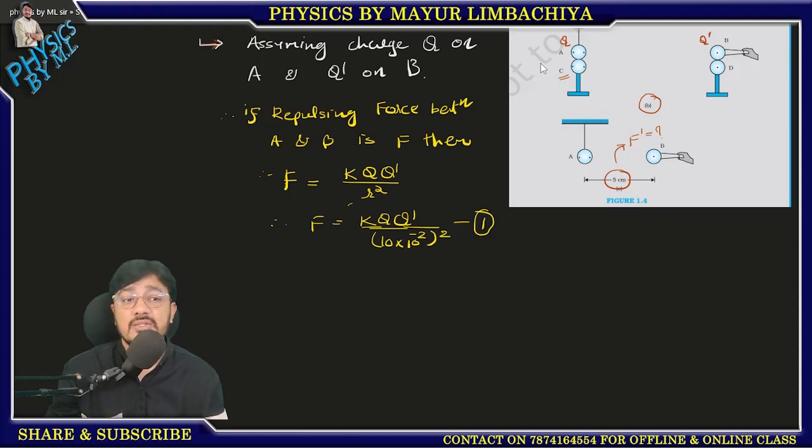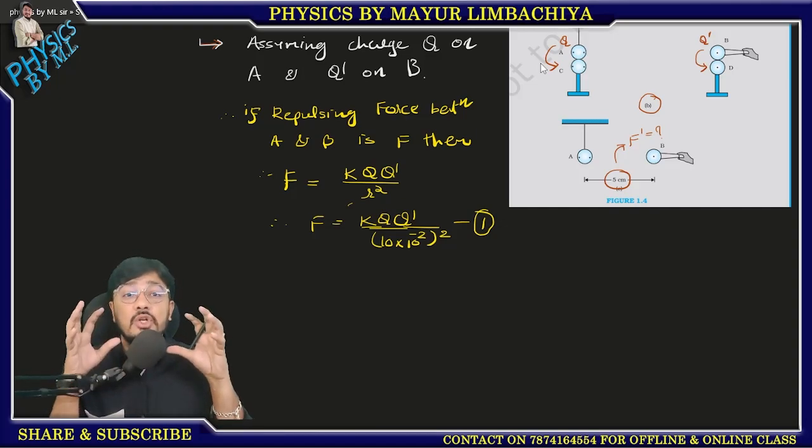Then, dear students, what will happen if we touch, if we make contact of uncharged spheres C and D? The charge on sphere A and the charge on sphere B will divide. It means half of the charge will transfer from A to C and half of the charge will transfer from B to D. Why?